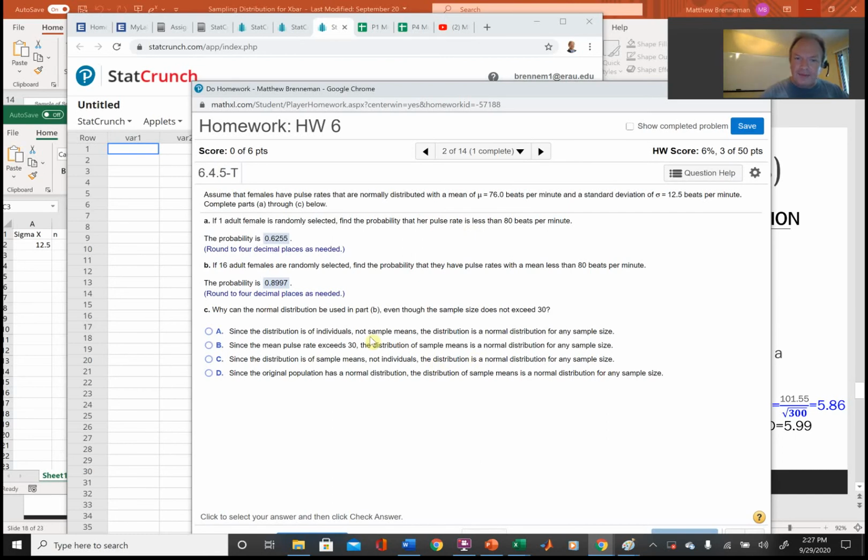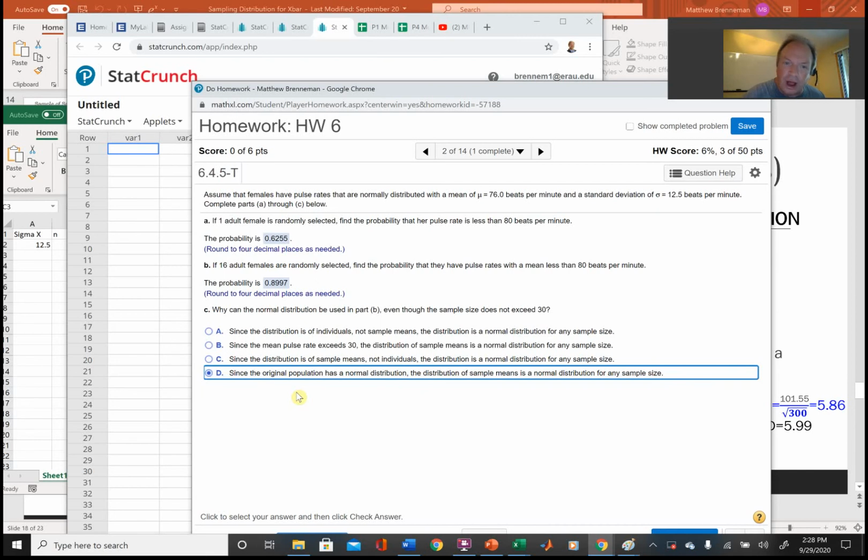So why can the normal distribution be used even though the sample size does not exceed 30? It's because we're told that they're normally distributed, right? So, since the original population has a normal distribution, the sample means are normal.